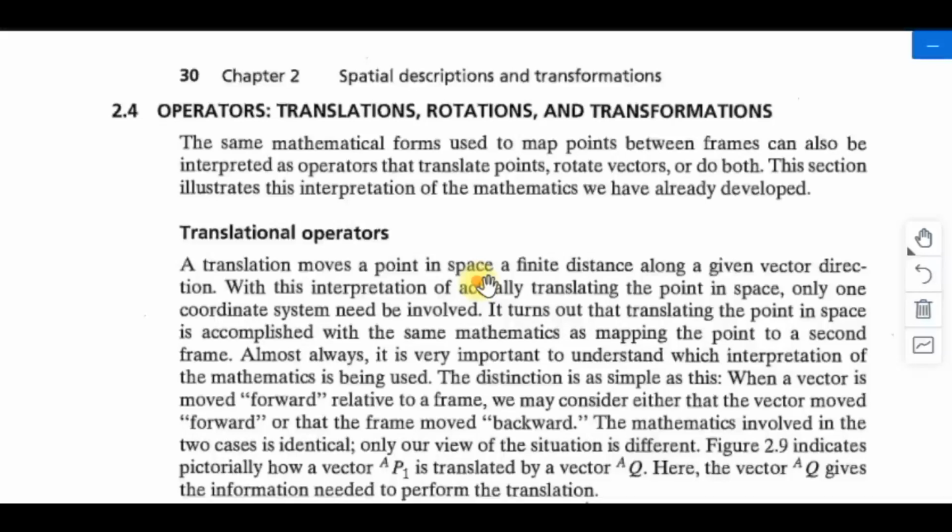It may go forward or backward, it depends on the reference. How you consider the reference is another thing. You may consider any coordinate as a reference.